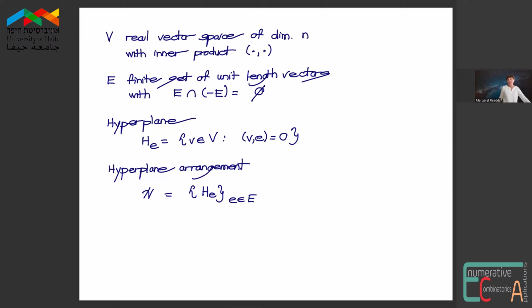For a given one of these unit length vectors, the hyperplane H sub E consists of all vectors that are perpendicular to this given vector. And then this collection of hyperplanes forms our hyperplane arrangement, where our index set is E.